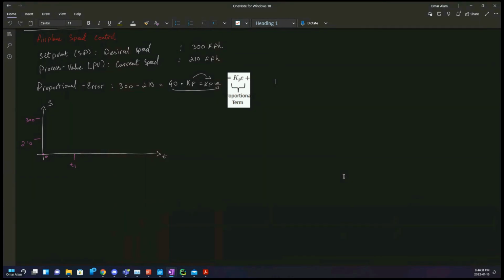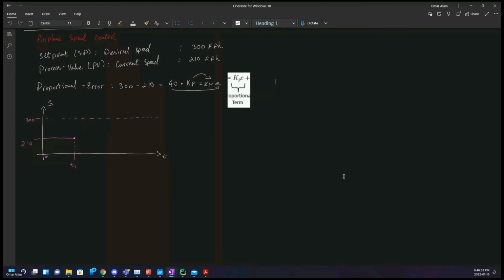Time t1 represents when you change the set point from 210 to 300. That's when you change the system. So before t1, you're cruising along at 210 kilometers an hour. You're doing just fine. Suddenly, you want to change to 300 kilometers per hour for whatever reason. This is the 300 kilometers per hour line.